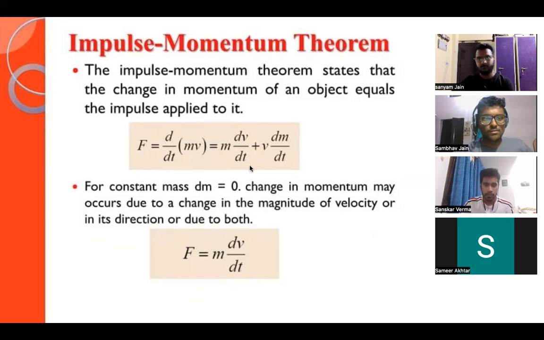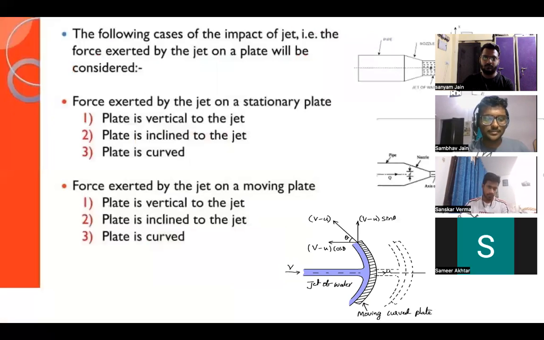Then we can use the product rule with respect to time: m dv/dt plus v dm/dt. For constant mass, we can put dm/dt equal to 0. The change in momentum may occur due to the change in magnitude of the velocity, or in its direction, or both. So we have the expression F equals m dv/dt.